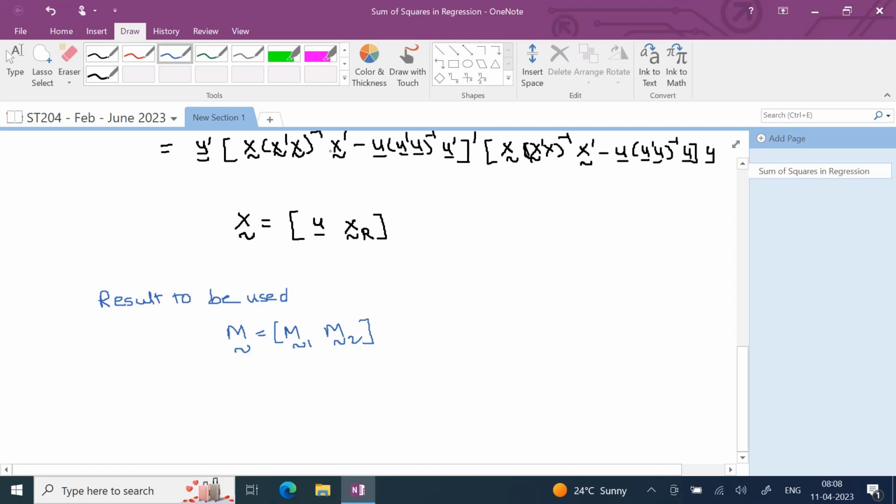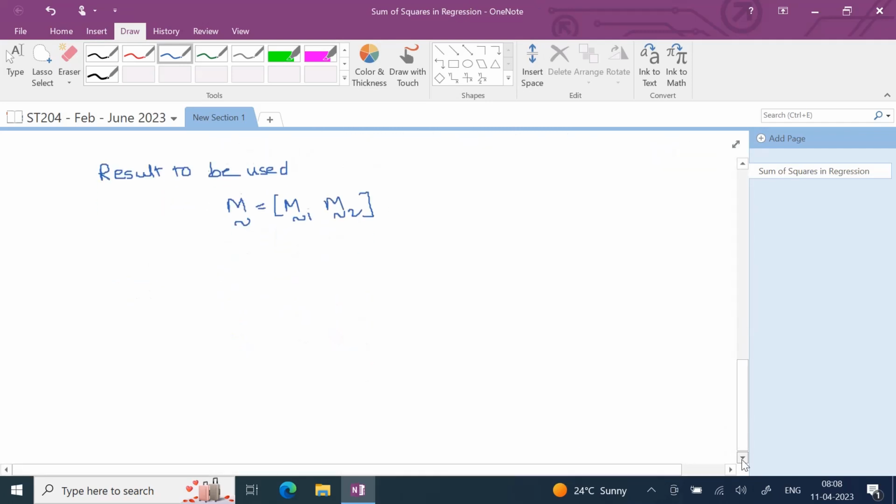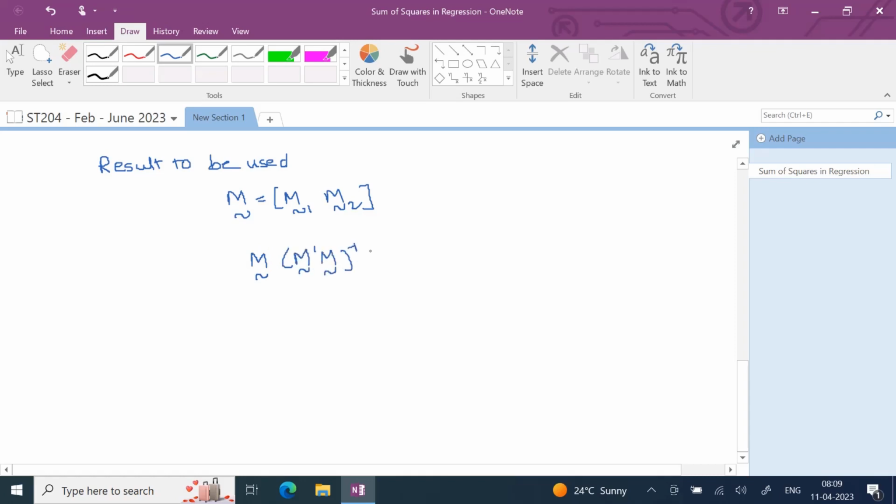X prime x whole inverse x prime. So we will use that. So actually what I have is M, then M prime M whole inverse. Now I write suppose M prime M.